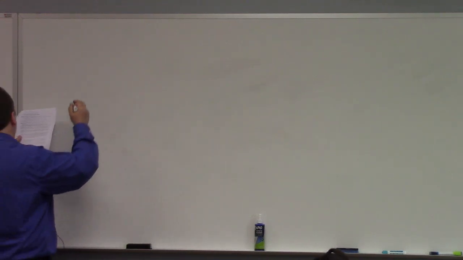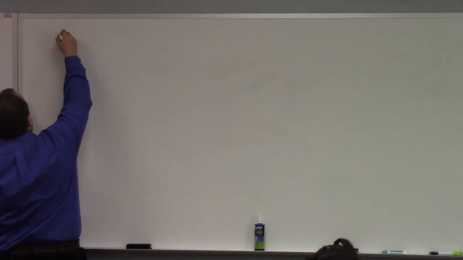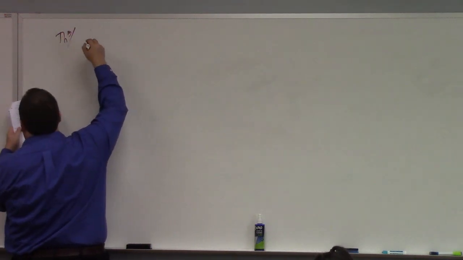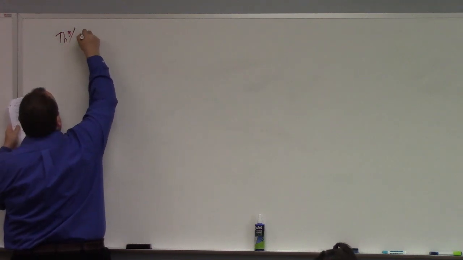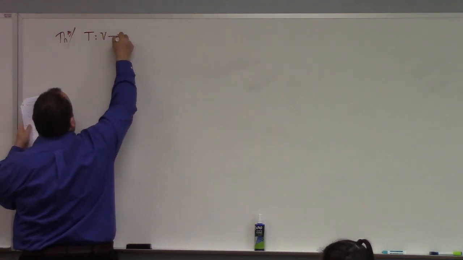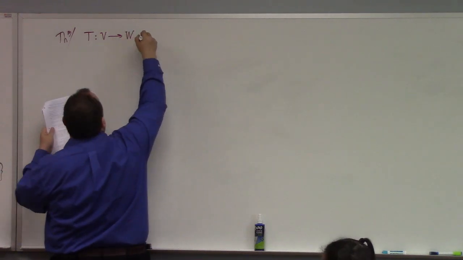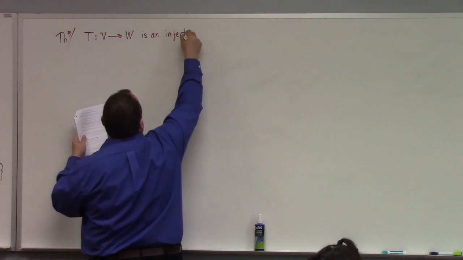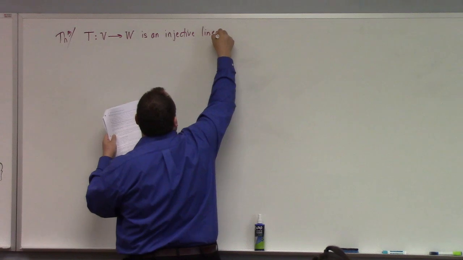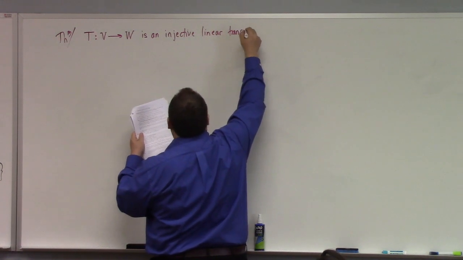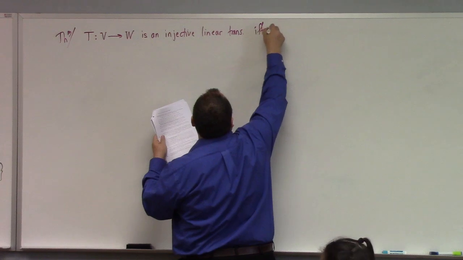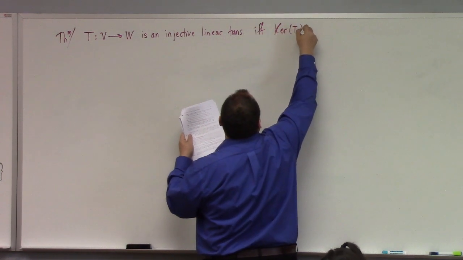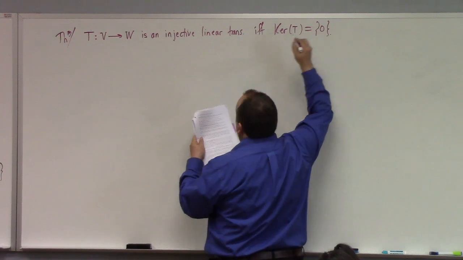So what is the significance of the kernel? Well, the kernel is very significant. Here's one of its main features, a theorem. T from V to W is an injective linear transformation if and only if the kernel of T is just equal to 0.